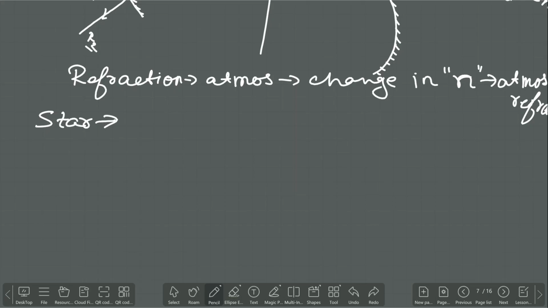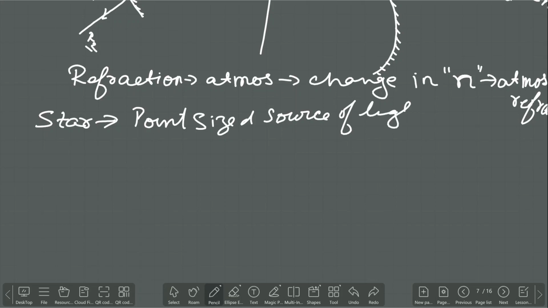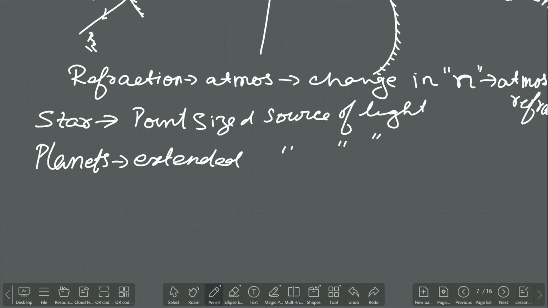The reason is that stars are considered point-sized sources of light, whereas planets are considered extended sources of light. Here the amount of light entering our eye varies, whereas here the average amount of light entering our eye becomes zero. So this is the reason the planets are not twinkling whereas the stars are twinkling.